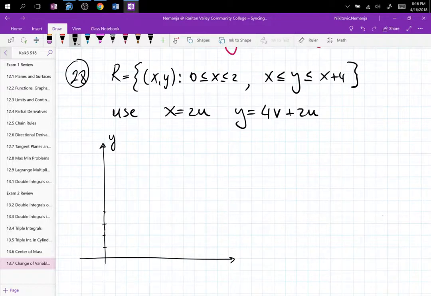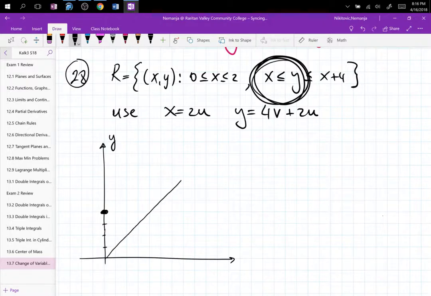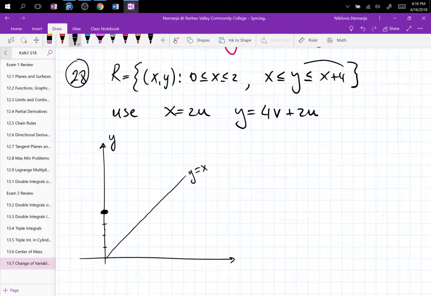One, two, three. All right, so what do I have? I have a line over here which is x equals y. That's a 45-degree line. Goes like this. So that's y equals x. When I'm done with that, I look at the second line, and that's y equals x plus 4.